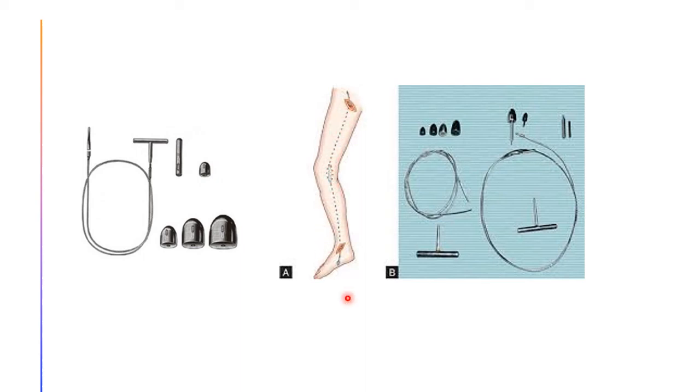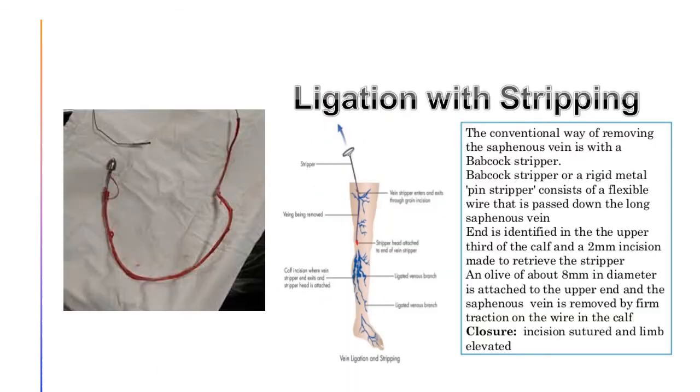Okay, this is known as the stripping of the saphenous vein. You see this is the head here. So this is the segment of vein that comes along as you strip. Okay, this is the long saphenous vein that has been stripped off the leg and is exposed here.